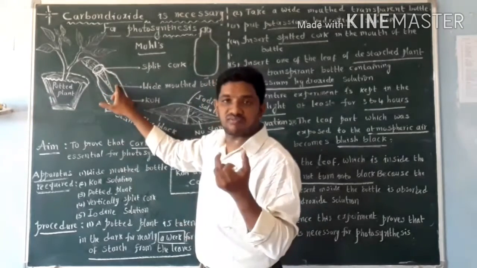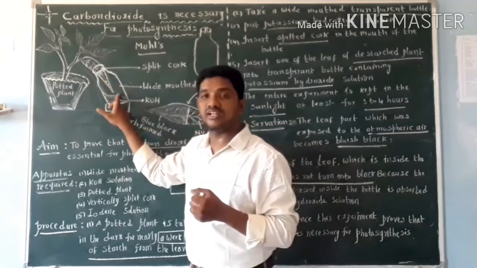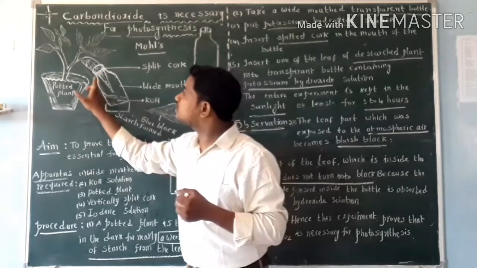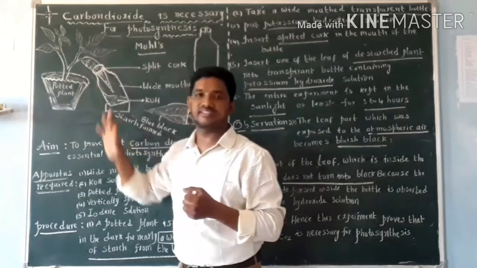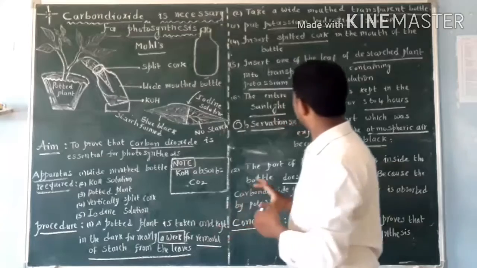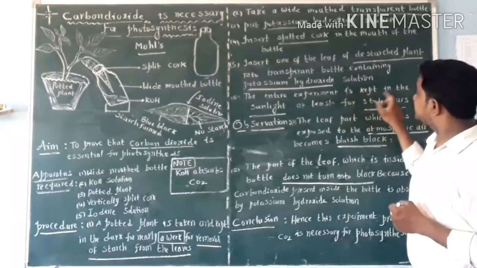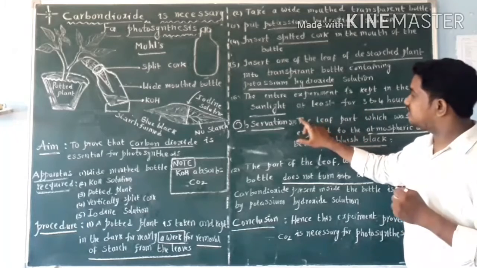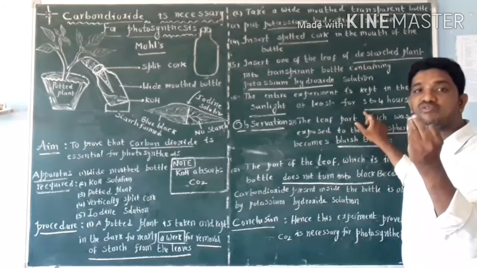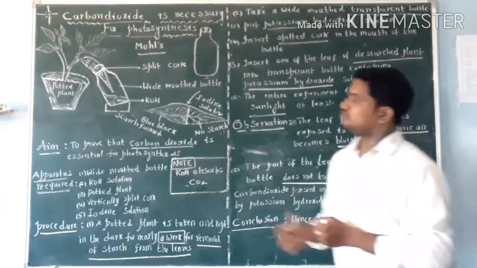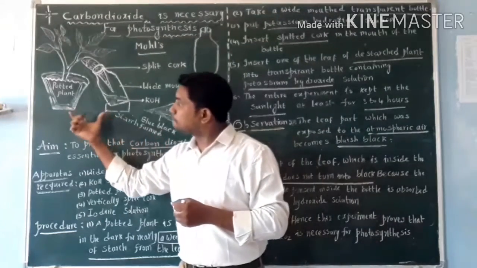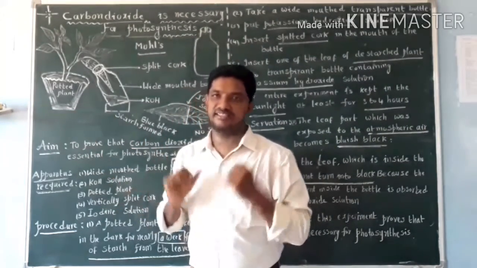Half of the leaf is kept inside this bottle, and the remaining part of the leaf is outside the bottle. The entire experiment is kept in the sunlight for at least 3 to 4 hours. We should keep this potted plant under sunlight.